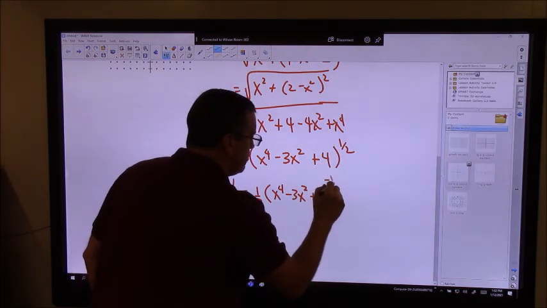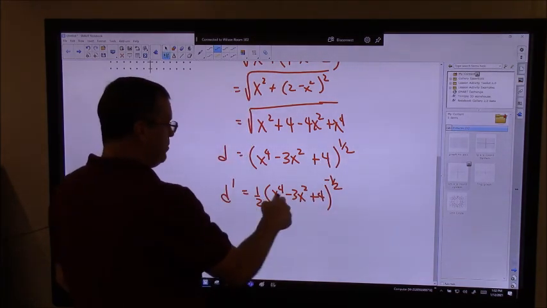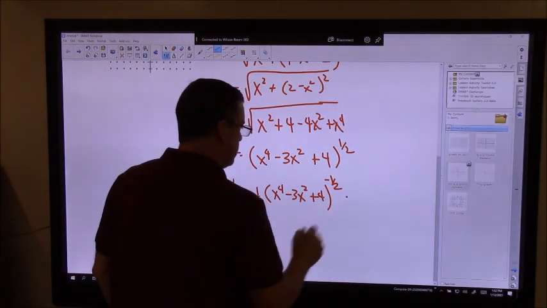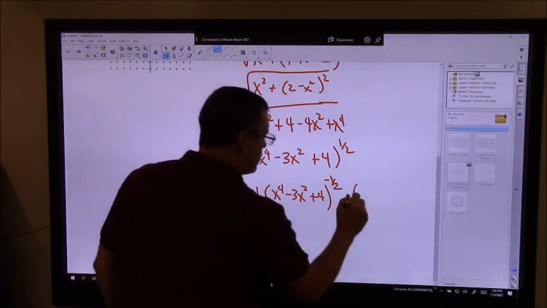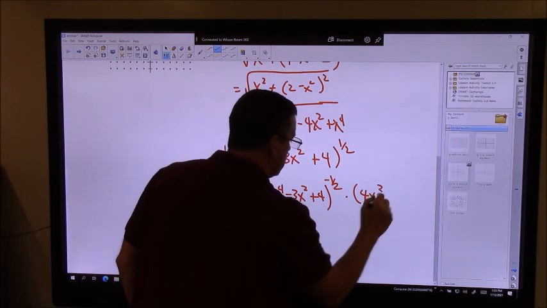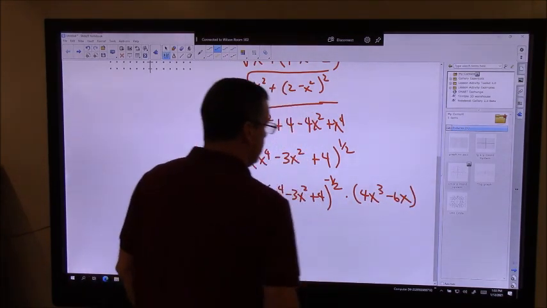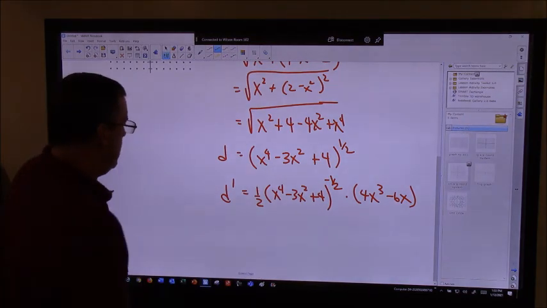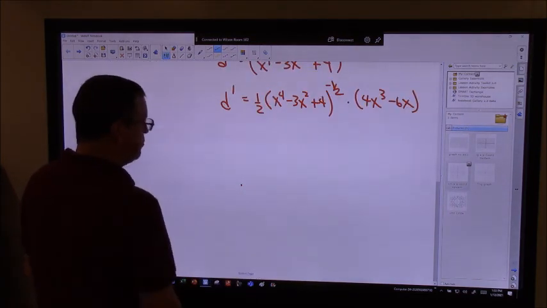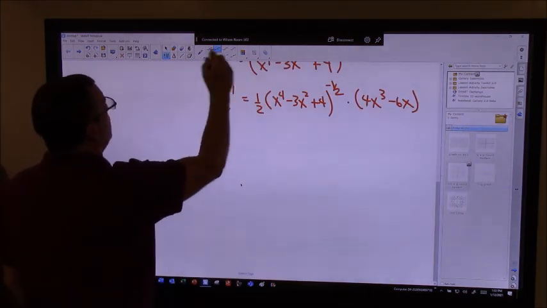Subtract 1 from the exponent. Times the derivative of the inside, so times 4x cubed minus 6x. And so now I need to take that derivative and set it equal to 0 and solve.